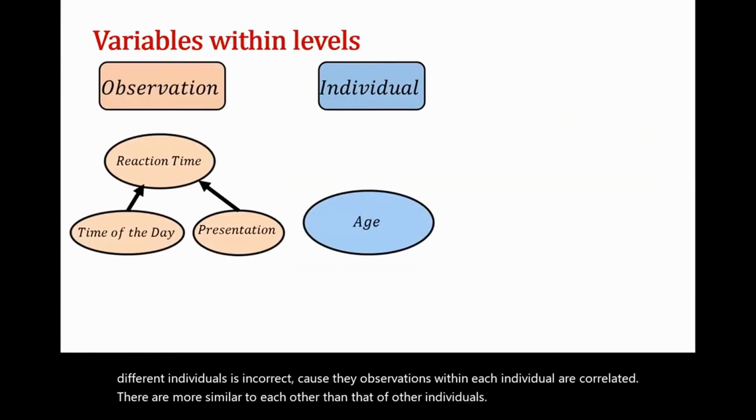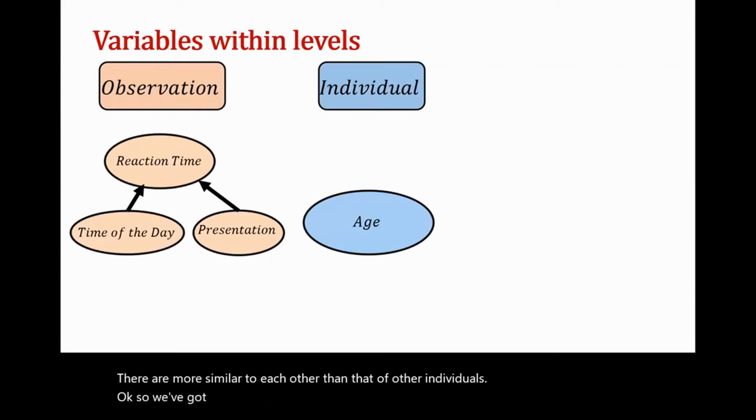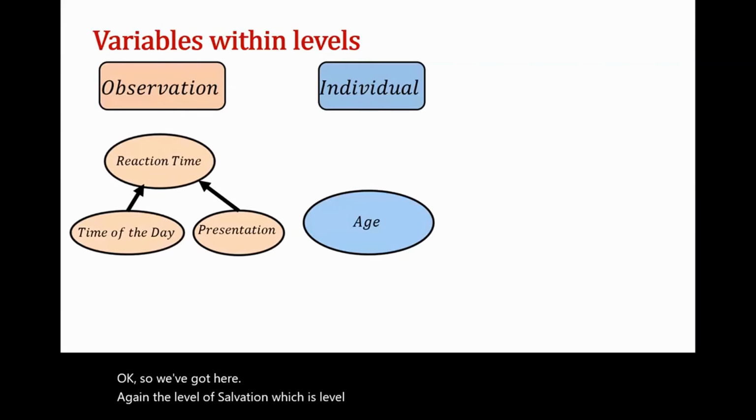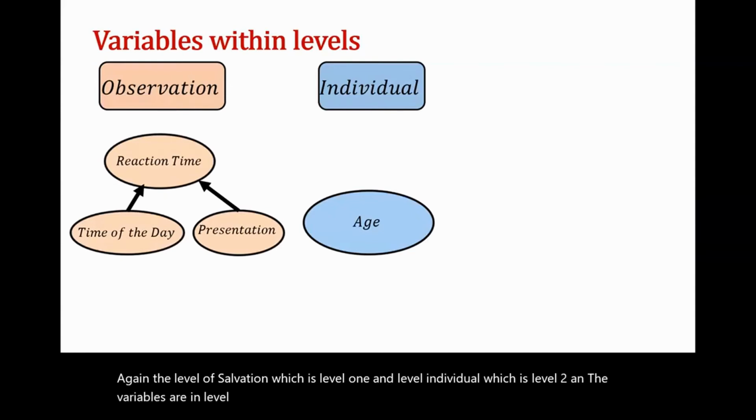Okay, so we've got here again the level of observation, which is level 1, and the level of individual, which is level 2. The variables in level 1 are reaction time, which is the dependent variable, and time of the day and speed of presentation, which are the independent variables at that level.